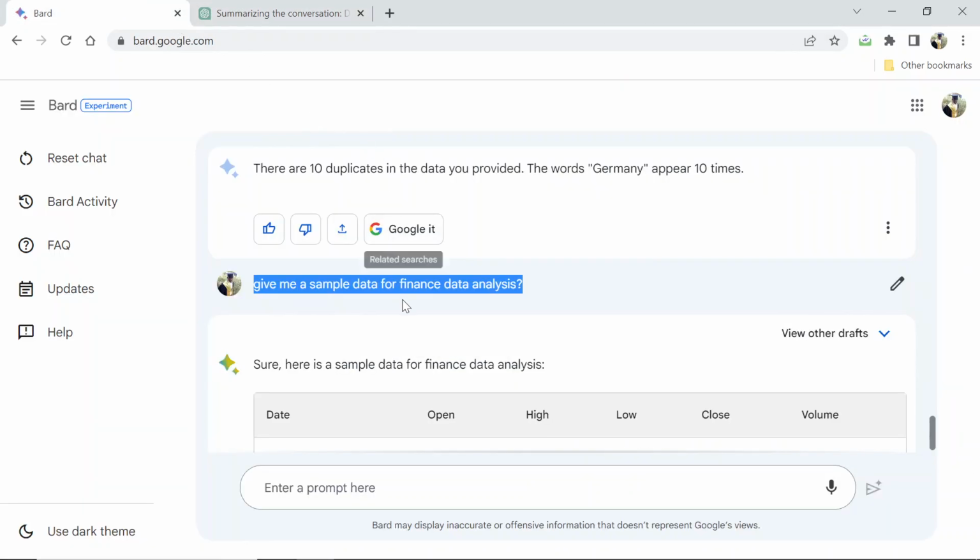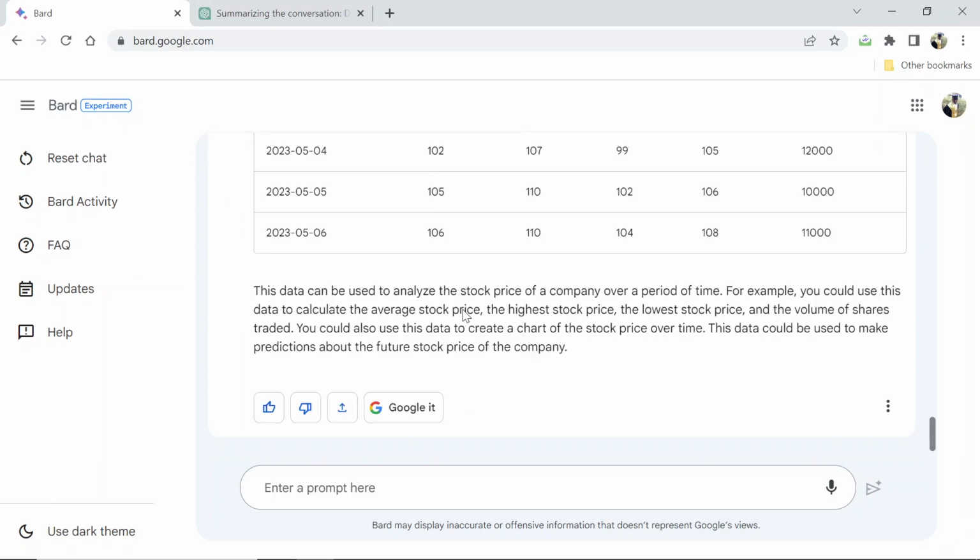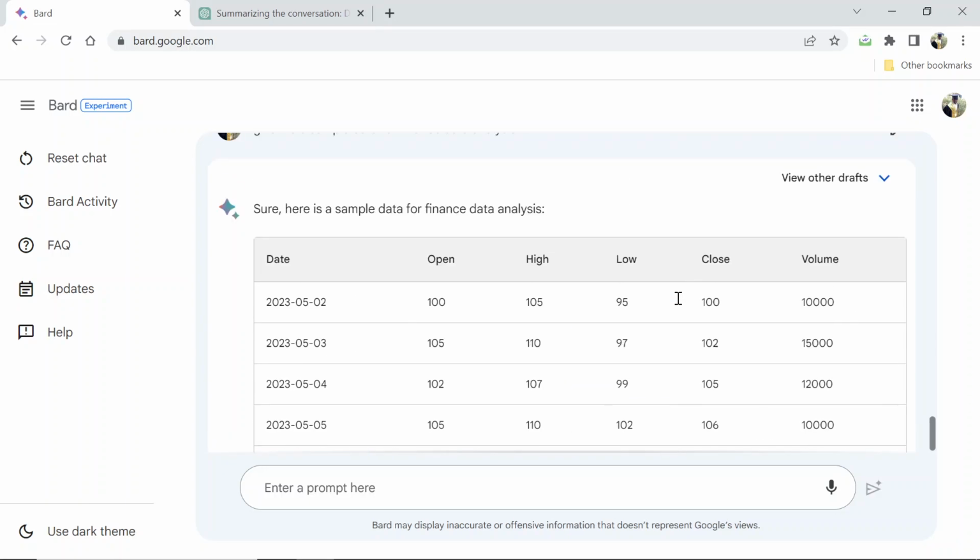For BARD, it gives me data for a single company over a period of time. This is not bad because I have not provided more details about the dataset I want.